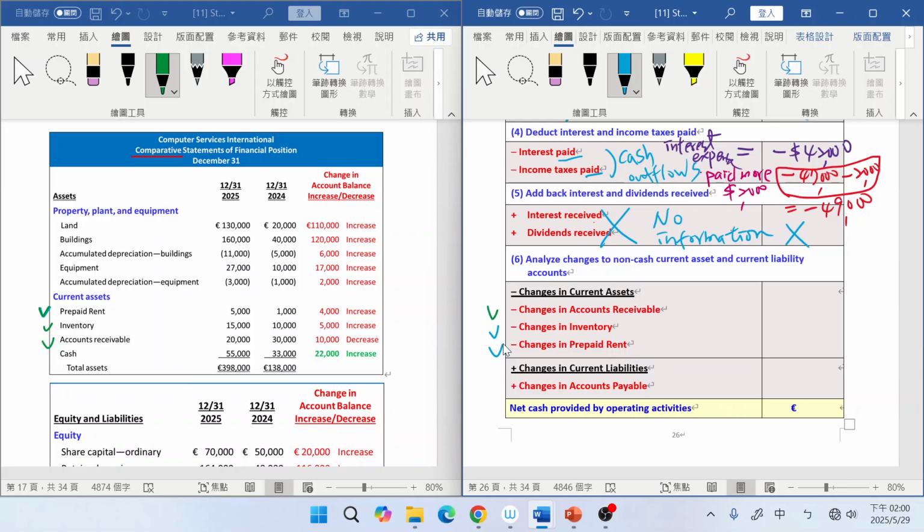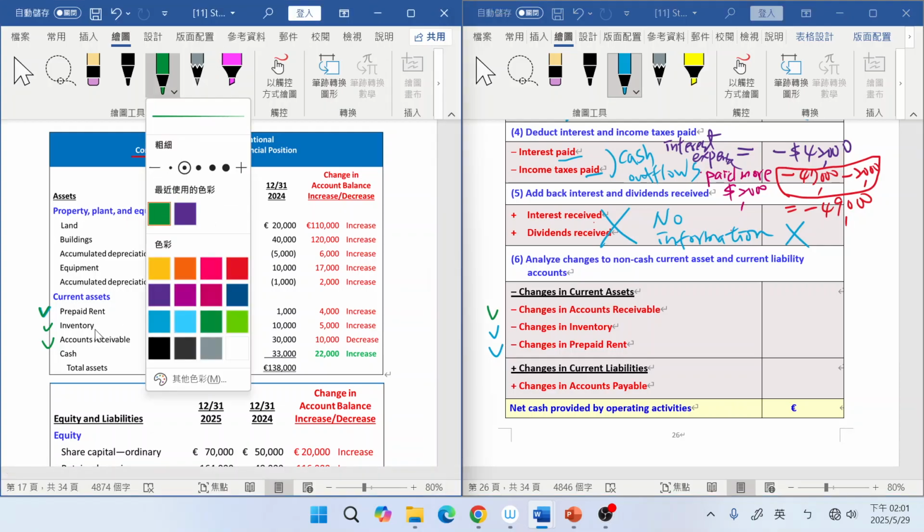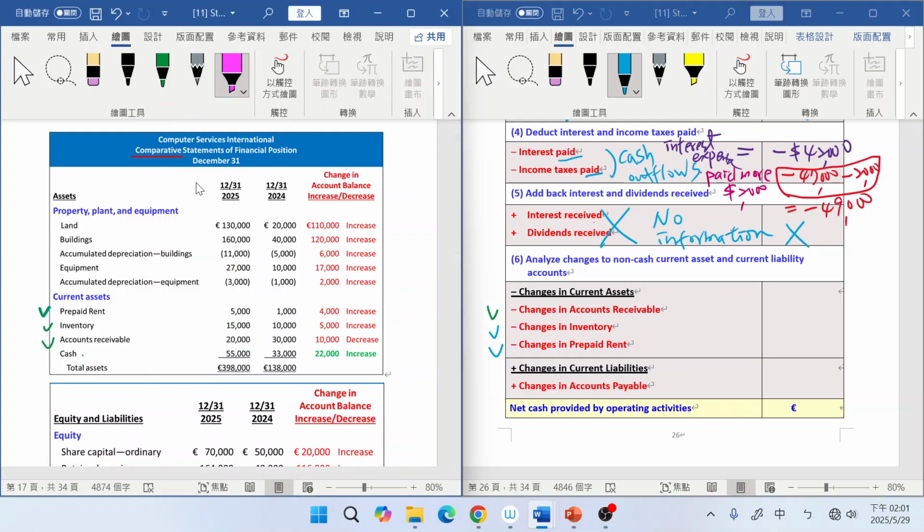Maybe you will ask, hey, why not cash? Because, of course, we know the cash. But what's our purpose? Our purpose prepare statement of cash flows. We want to know the details, right? So, of course, we don't need to use the cash again because this is our final result. So we don't need to use it because this is the final result we want.